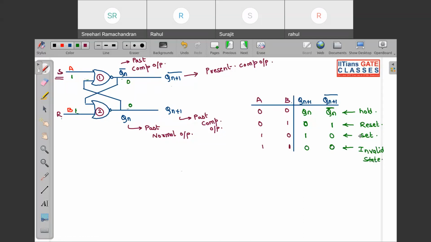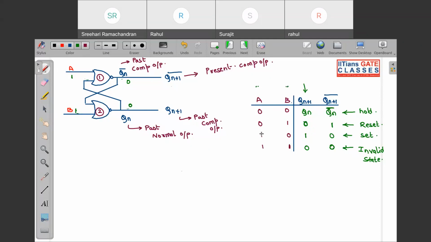Now, suppose you don't know which of them is the set input and which is the reset input. So look very carefully. Which of the inputs, if I apply 1, makes your normal present output go to high state?